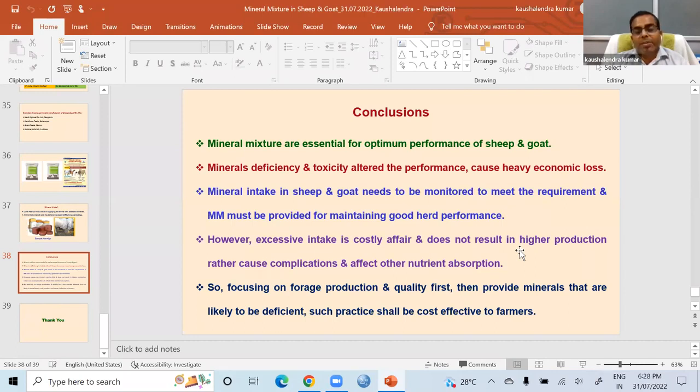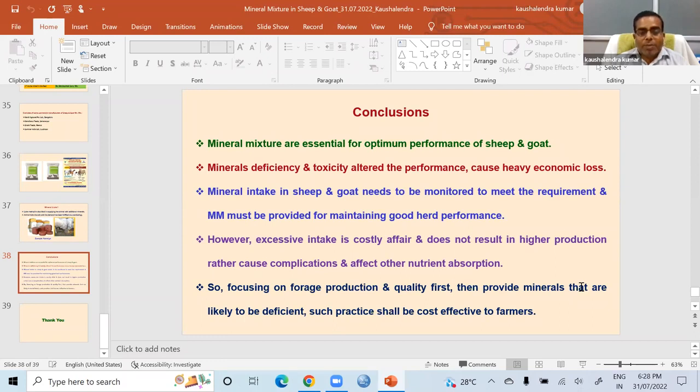Mineral intake in sheep and goat needs to be monitored properly to meet the requirement, and it must be provided for maintaining good herd performance. However, excessive intake is a costly affair and does not result in higher production. Rather, it causes complications and affects the utilization of other important minerals and absorption of other nutrients as well.